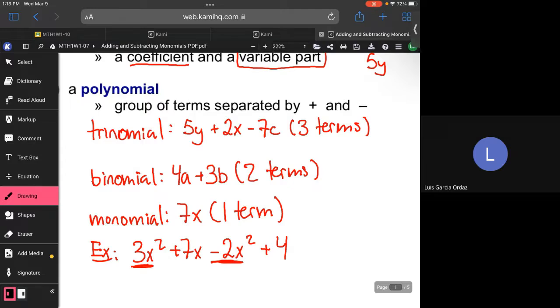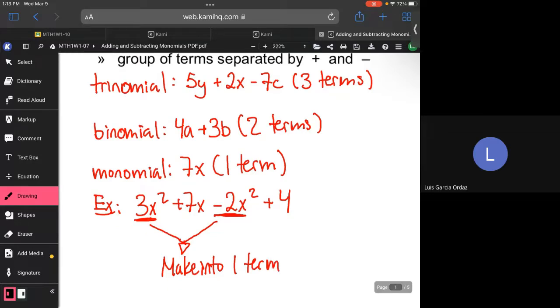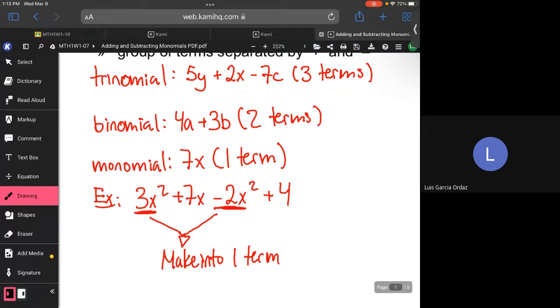Realistically, what type of polynomial is this then? If those you can break them down into one simple term. Kareem? No? Claire? It's a trinomial.